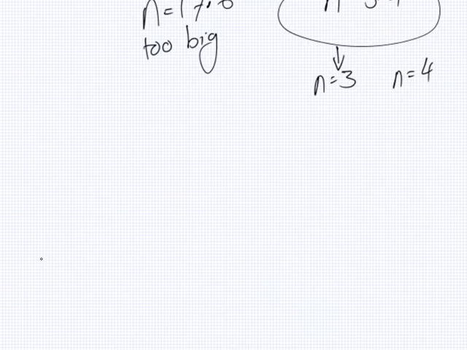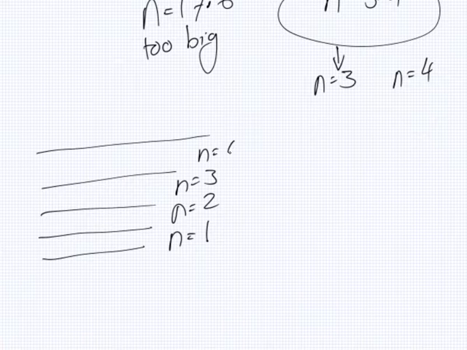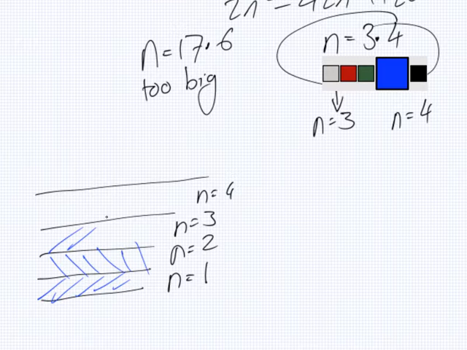Right, so this is n equals 1. This is n equals 2. This is n equals 3. This one's n equals 4. So if you're at 3.4, that means you've completed 1, 2, 3. So you must be working on, but not finished, n equals 4. So what's the answer? 4.